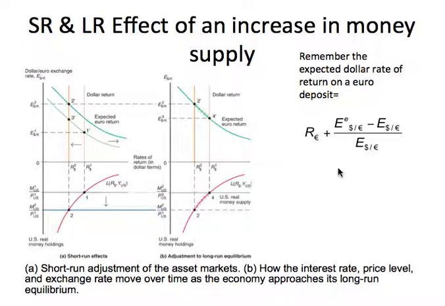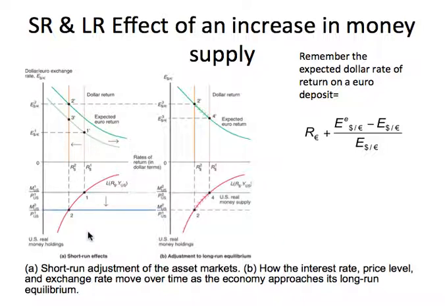So just to sum it up, if money supply increases, the interest rate drops, and at the same time people start expecting that the price level in the future is going to rise. Although the price level in the short run is sticky, and that's why the price level doesn't change in the short run, when people see an increase in money supply today, they expect the price level to rise in the long run.